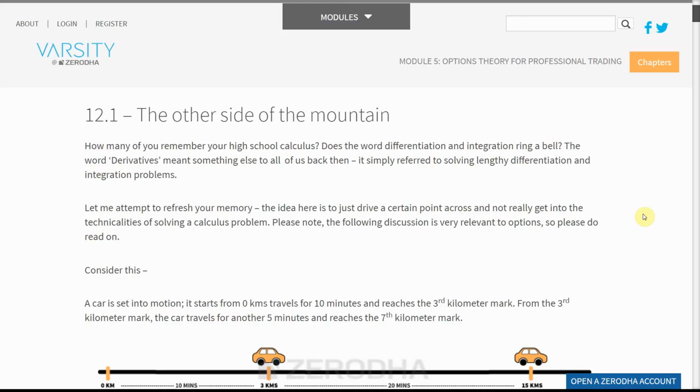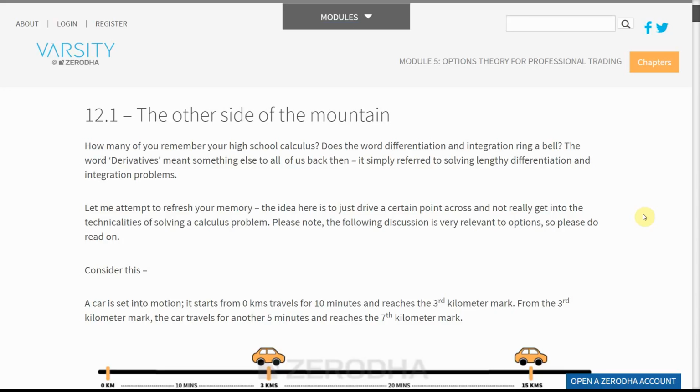Let us focus and note what really happens between the 3rd and 7th kilometer. Let x equal distance, and dx the change in distance. Change in distance, i.e. dx, is 7 - 3 = 4. Let t equal time, and dt the change in time.